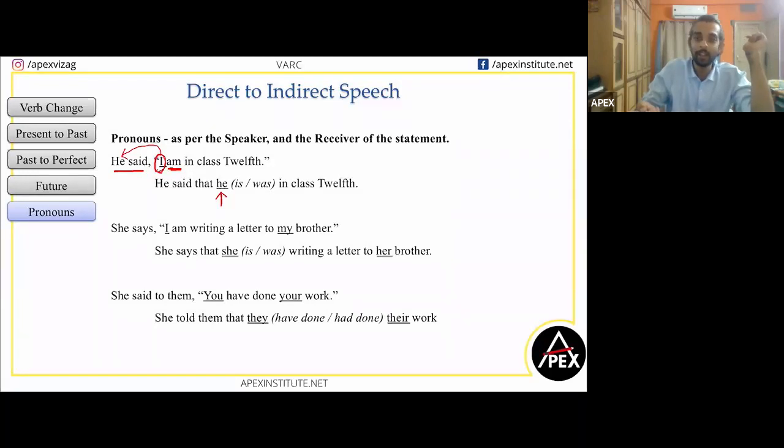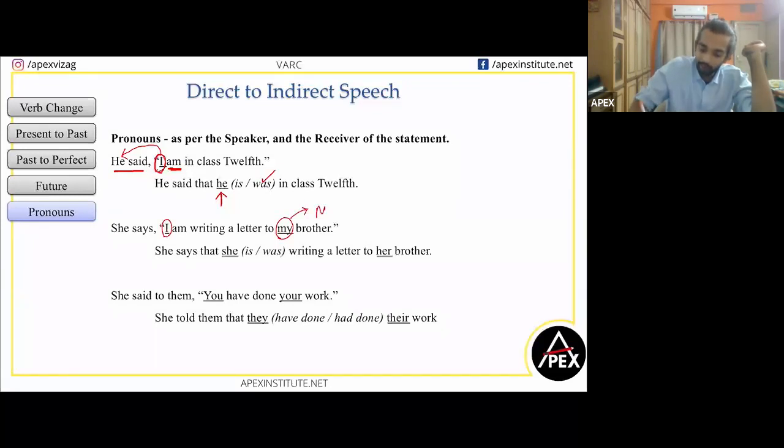He said that he was in class 12th. Okay, very good. Next one, she says that I am writing a letter to my brother. Now see, here I have two pronouns. First one is I, second one is my. So what is this pronoun my?